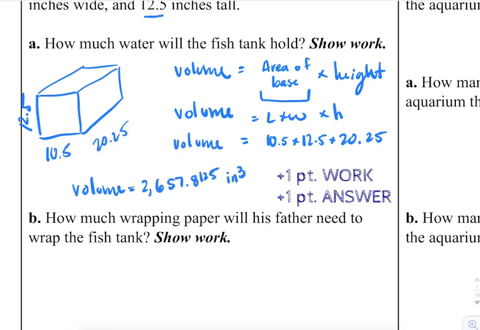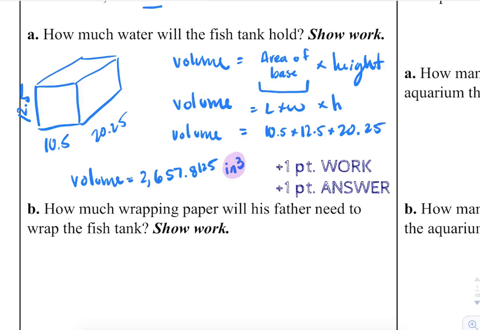Now this time around, I'm not dinging you on having the incorrect units, but on your next quiz and your test that's coming up, I will ding you if you don't have the correct units. If you rounded to the nearest tenth like I asked, that works as well. If you got the correct answer, circle it. If you got the work done, at least written out somewhere, you don't have to do it longhand, you get that point there as well.